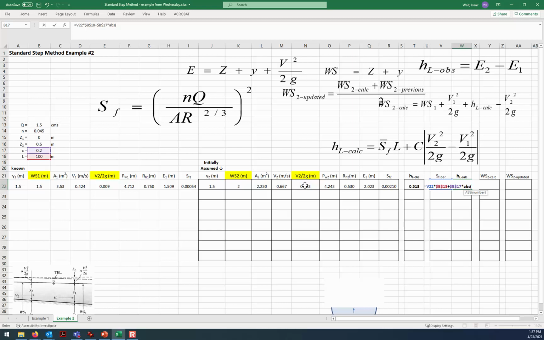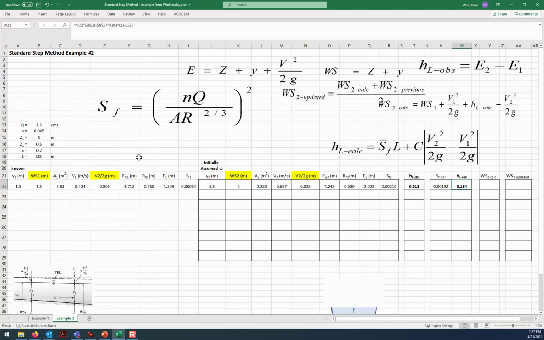And so V2 minus V1. I'm making sure to do the velocity heads, not the velocities. Made that mistake last time. Okay, so the calculated head loss, 0.134.